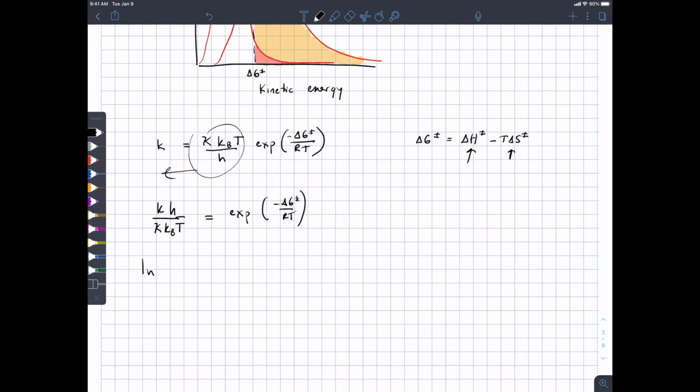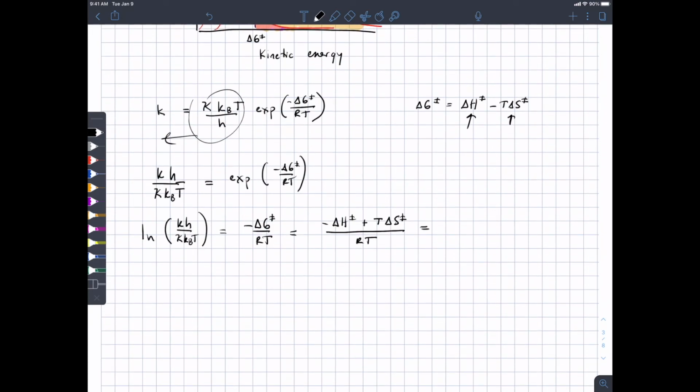Then if you take the natural log of both sides, you get this expression, which you can turn into minus enthalpy plus T times delta S over RT, or if we want to simplify that further, minus enthalpy over R times 1 over T plus entropy over R.